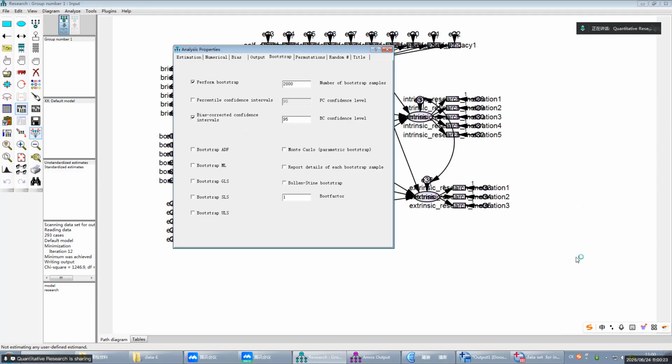So remember this value. This is the value for evaluating mediation. Okay, so this is 2000, this is 95. That's okay.